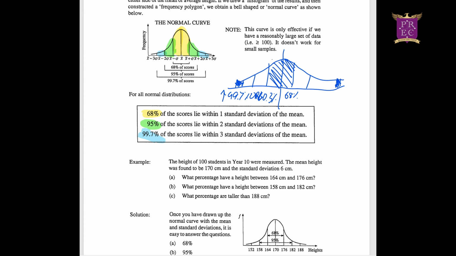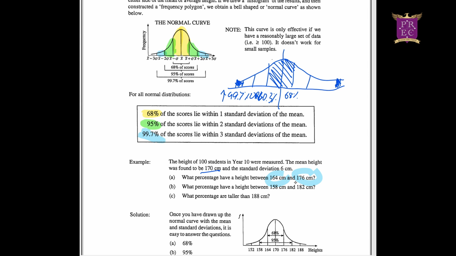between a range. For example, if we have a look at the heights over here, they took 100 students from year 10 and they looked at the mean height and the standard deviation to be 6 centimeters. To find what percentage of people are between 164 and 176, what we do is we see what the mean is. Mean is 170.